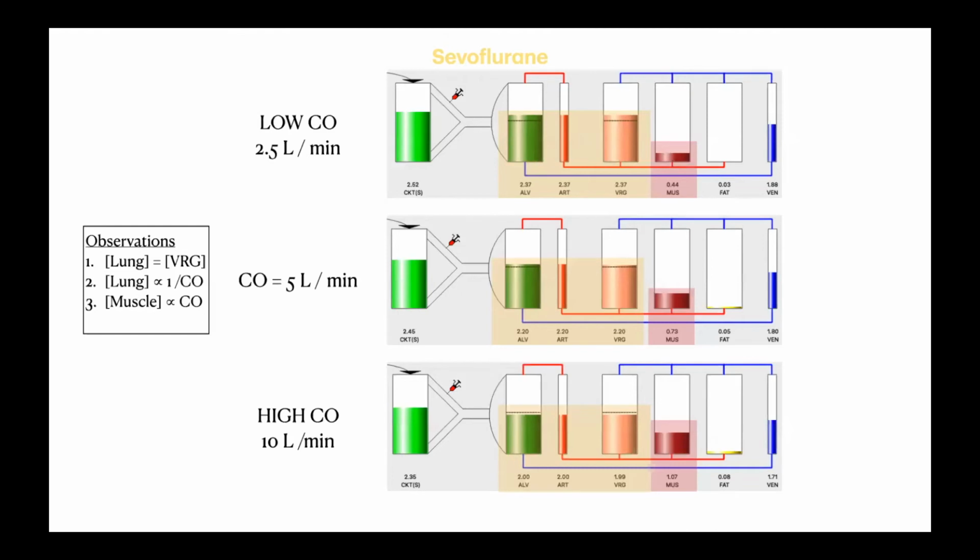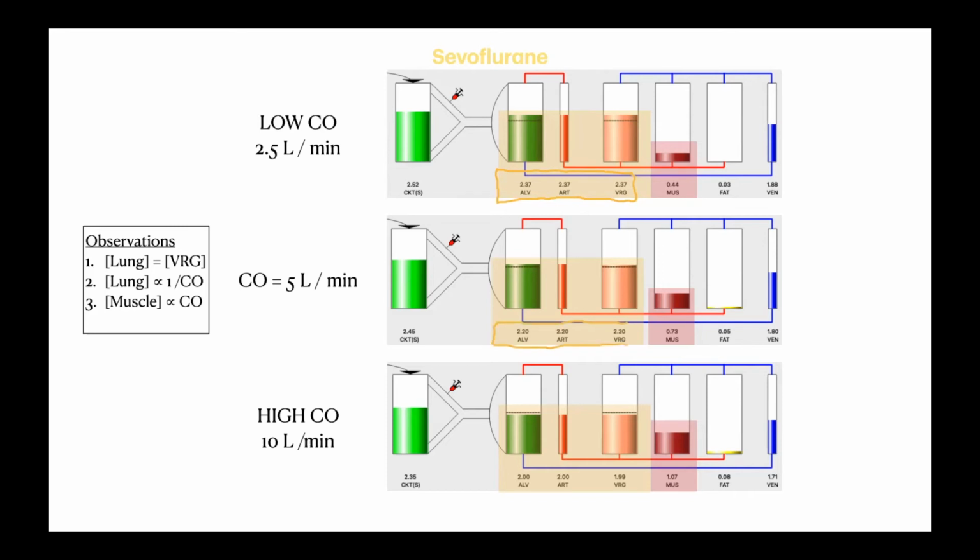Now these are the compartments of each of these simulations. And one of the things that I want you to note is this is at the end of 1 hour. And at the end of 1 hour, what you'll see is that your alveolar and arterial and vessel rich group have pretty much equalized, okay?